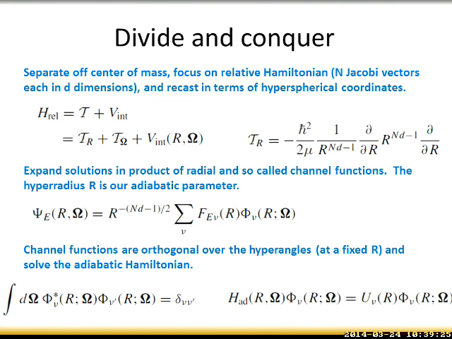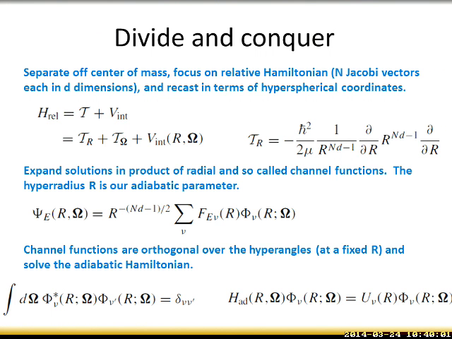How we approach this in our divide and conquer is we write the solutions as a product of radial functions and the so-called channel functions, which are parameterized by the hyperradius. Only in the non-interacting limit, or in the case of zero-range interactions at unitarity, is this shown to be exactly separable. But in general, we always have this parameterization in R. The prefactor in terms of R is just to reduce the resulting equations into one-dimensional equations in the end.